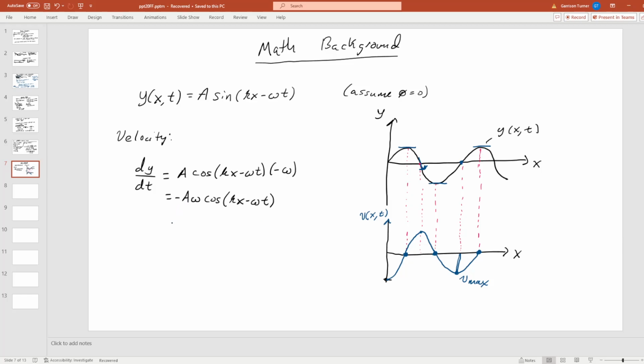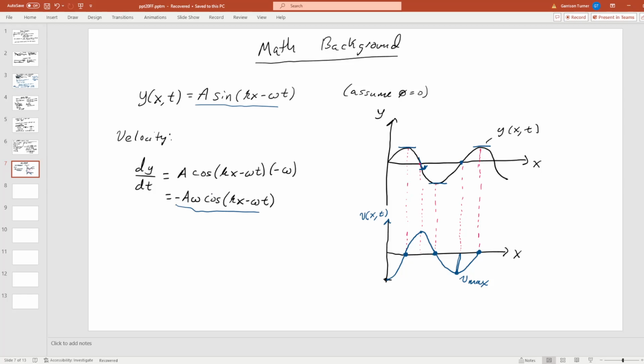Okay? So let's look at this equation compared to this form. Now, yes, one is a cosine, the other is a sine, but they're both sinusoidal, and they're only shifted by a 90-degree phase constant. So mathematically, they will have the same period, the same wavelength, and so forth.